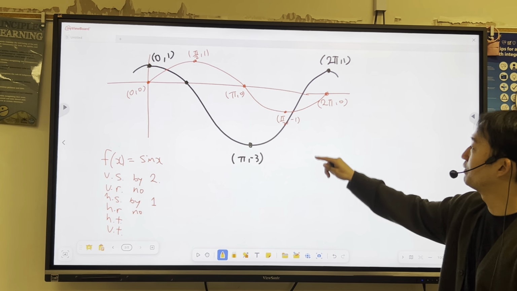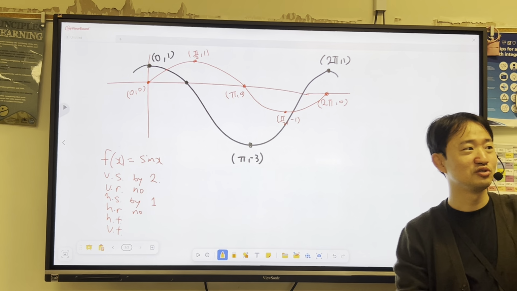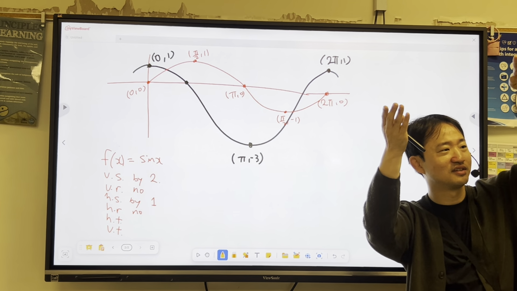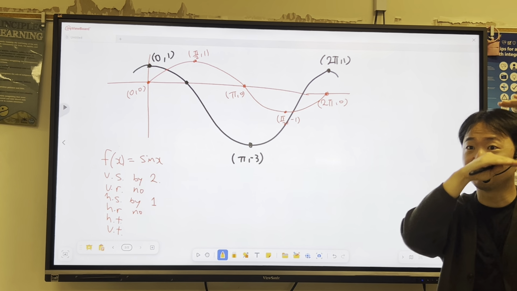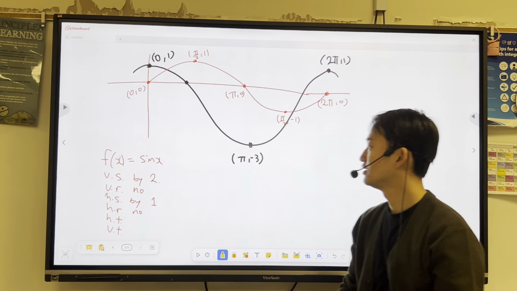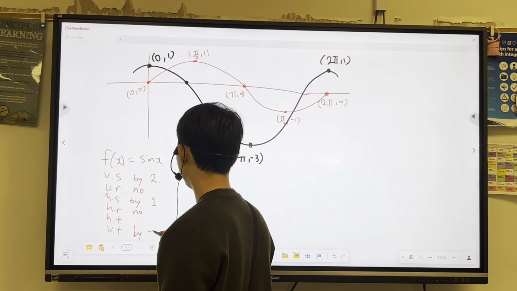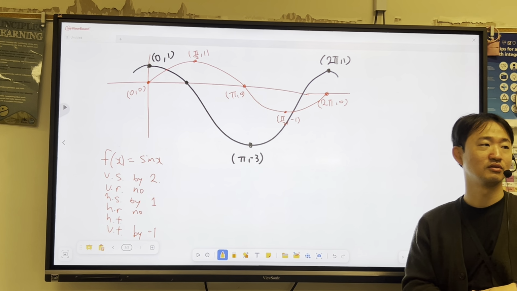So now at this point, my graph goes from -2 to +2, but it should go from -3 to 1. So what happened? I need to sync it by moving down by 1. So I think we can say, for its vertical translation, by -1. My graph has to fall 1 step below.